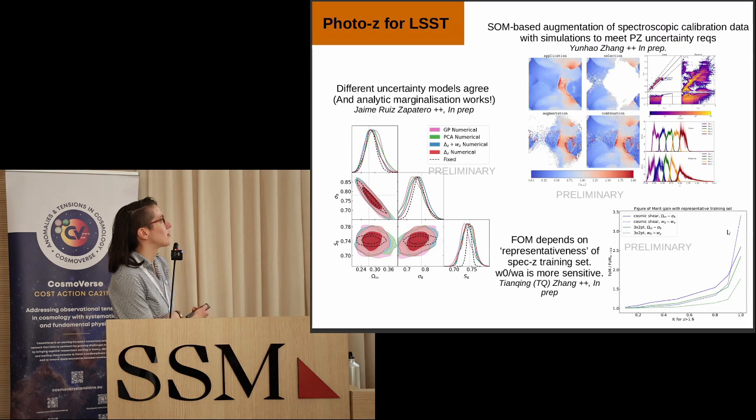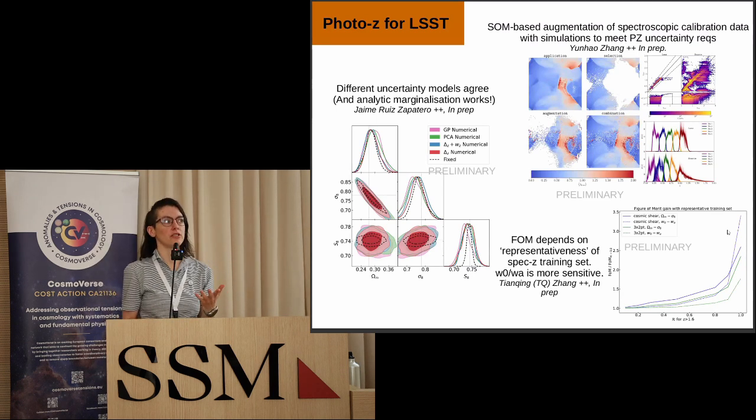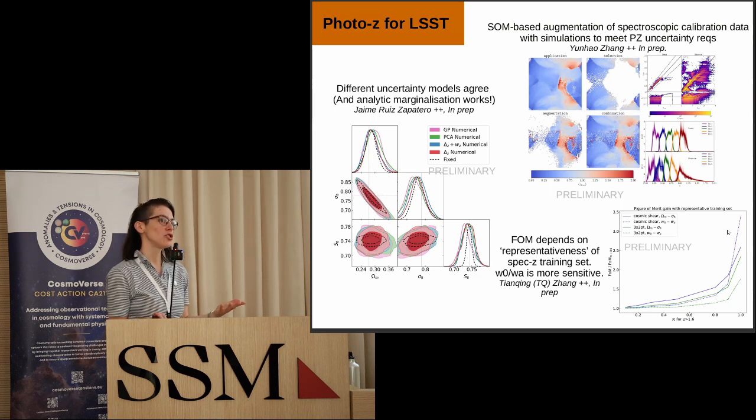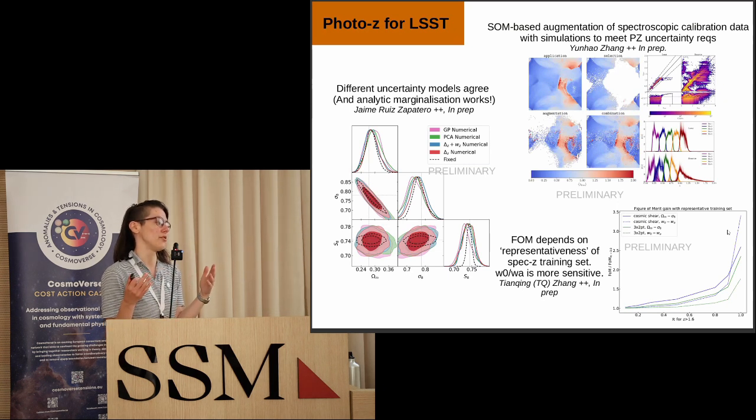And the final figure on this slide is just work looking at different ways we can model the photo-z uncertainty. So we have this more traditional model of just a shift in the redshift bin means. You can also include a parameter for the widths or the variance in a Gaussian model of those bins.